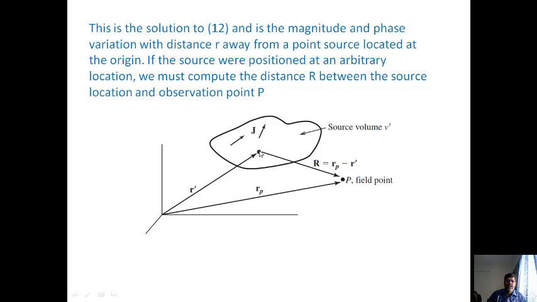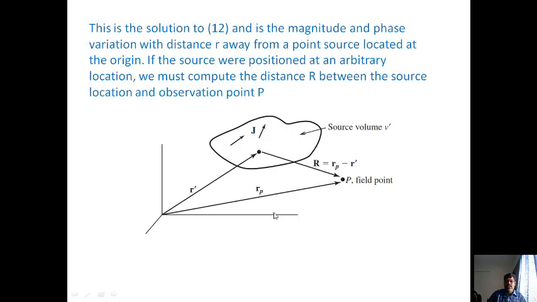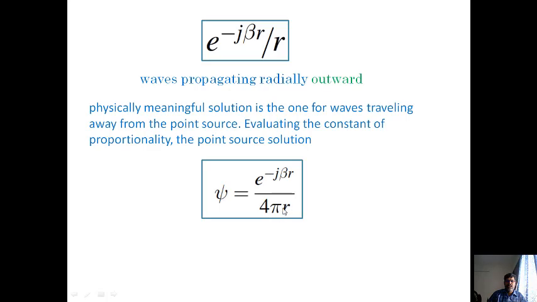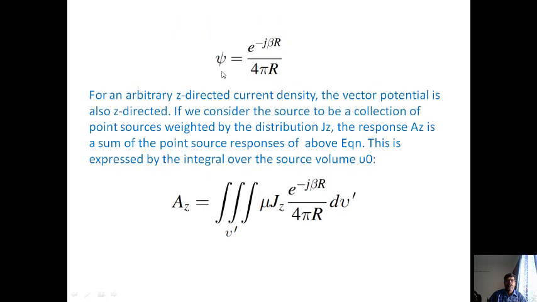Now the distance between the source and the point of interest p is R equals rp minus r prime. This is the general case. For that case we replace the r by the uppercase R. Now the solution can be written as psi equals e raised to minus j beta R divided by 4 pi R.